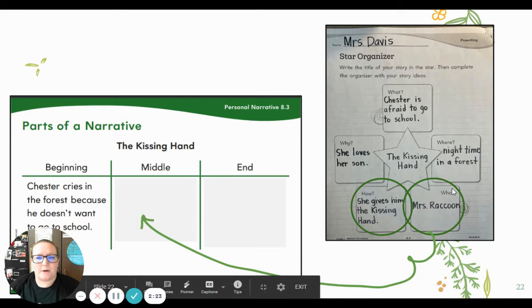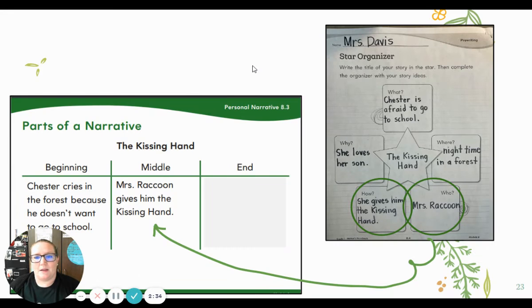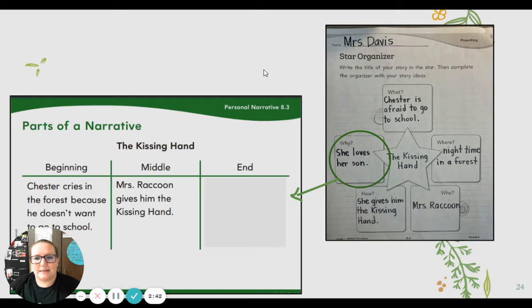Next, we're moving on to who and how. Who is the helper in the story and how do they help? This will take place in the middle of the story where we've got that problem going on. So Mrs. Raccoon is the helper in the story and she gives him the kissing hand. Last is why the helper is being helpful.